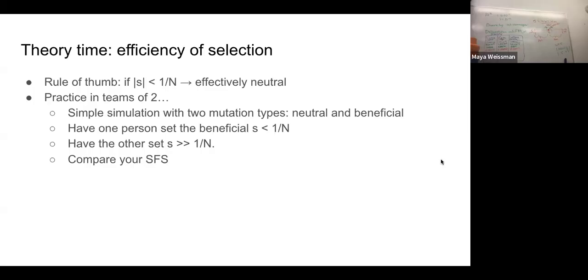Just to say, every generation, every single individual gets two of these chromosomes.